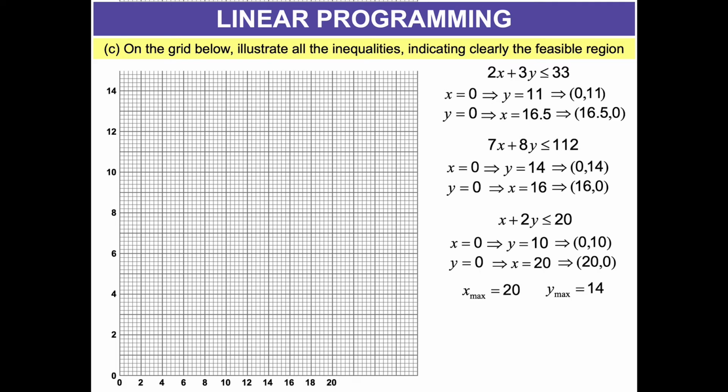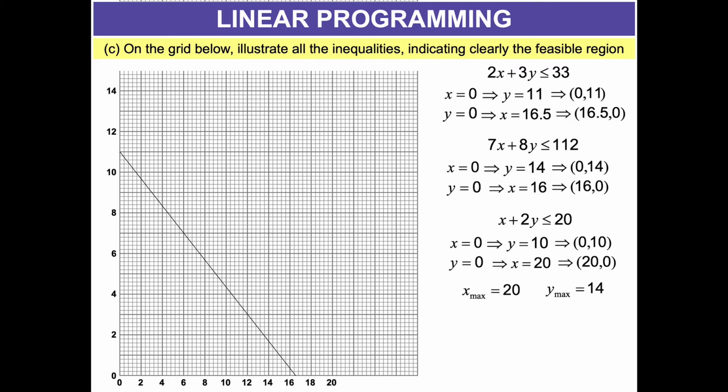Because each constraint includes an equal sign, every single line will be solid, not dashed. And just as before, I start with the first one, 0, 11 and 16.5, 0. Those are my y and x intercepts for the first line. Test the origin, because the origin is not part of the line.